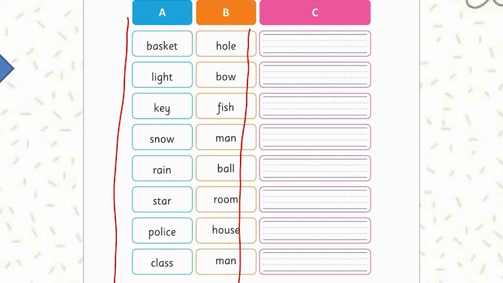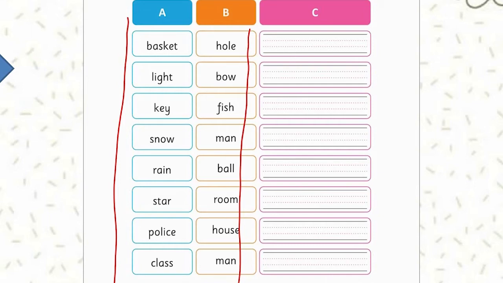Compound words consist of two words, two different words, but when they join together, they create another word which convey different meanings.